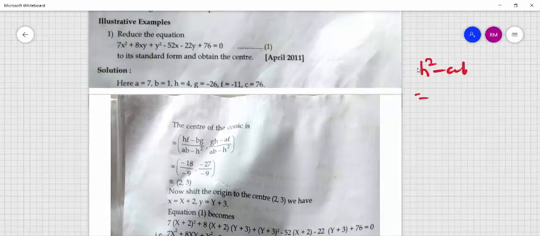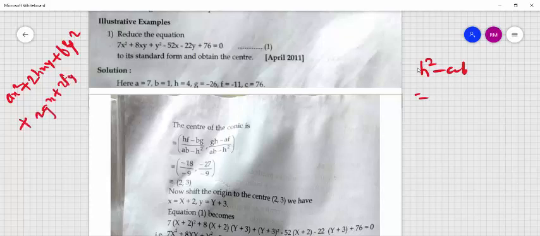If you compare the given equation with ax square plus 2hxy plus by square plus 2gx plus 2fy plus c equal to 0, we get the value of a as 7, b as 1, and so on.